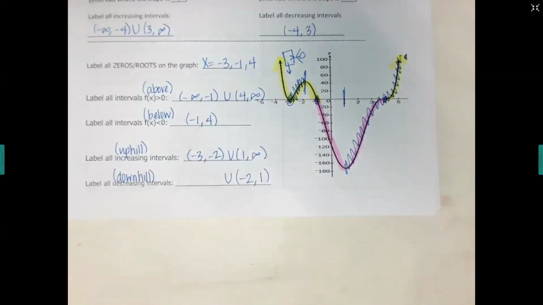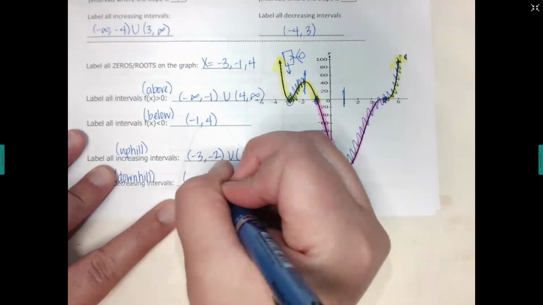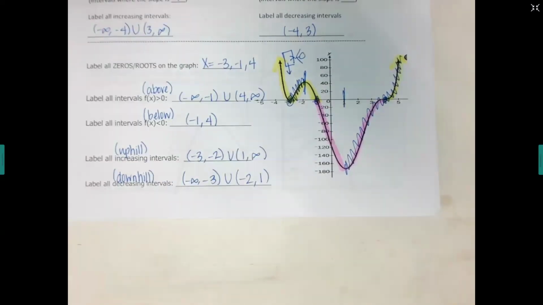Okay, so from here to here, it's downhill. And then from here to -3. Remember, if you're talking about the left end of the graph, that would be -infinity to -3. Okay? -infinity to -3. Good on that?